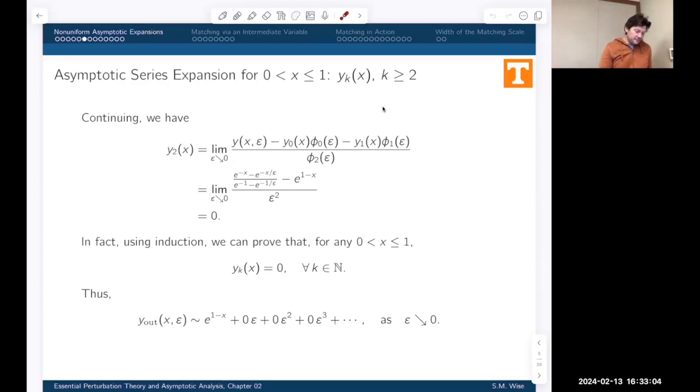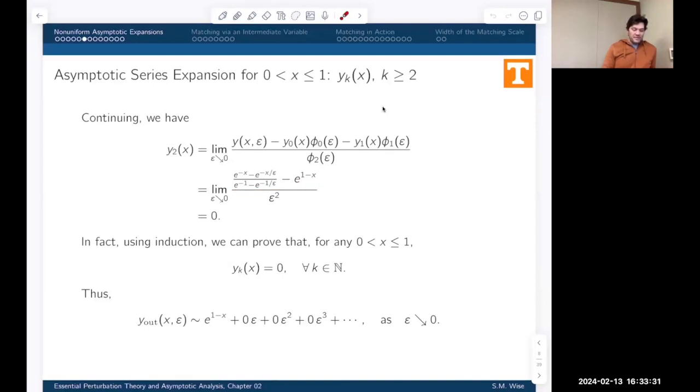By the proposition, y2 is just equal to y minus y0 phi 0 minus y1 phi 1 divided by phi 2. Phi 2 is epsilon squared. Notice that nothing has really changed here. Those are still the same because y1 was 0.